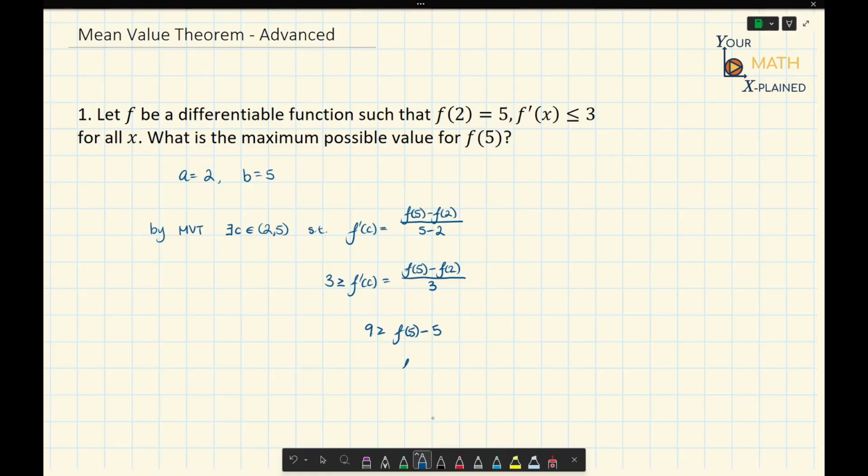So therefore, f of 5 is going to be less than or equal to 14. So therefore, the maximum possible value for f of 5 is going to be equal to 14.